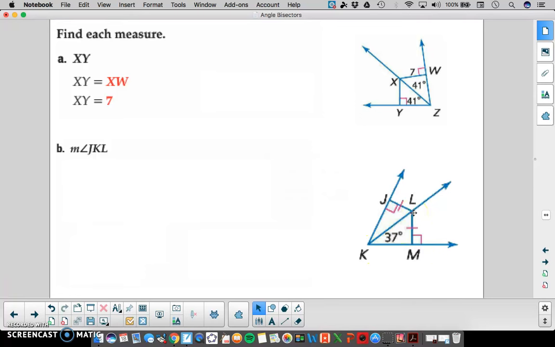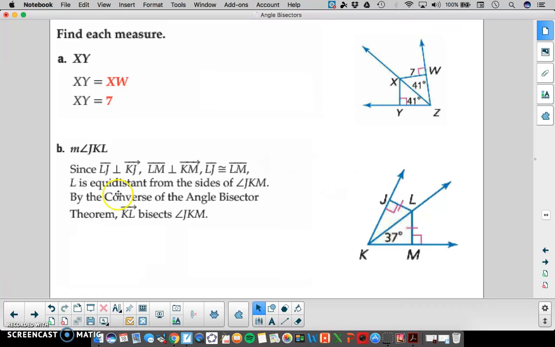Therefore, we know that L is equidistant from the sides of the angle. Therefore, KL has to be an angle bisector. So because KL is an angle bisector, we know it cuts that angle in half. Therefore, the measure of angle JKL is equal to the measure of angle LKM. So JKL also has to be 37.